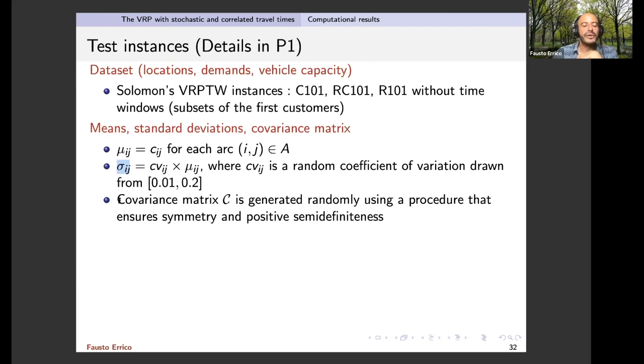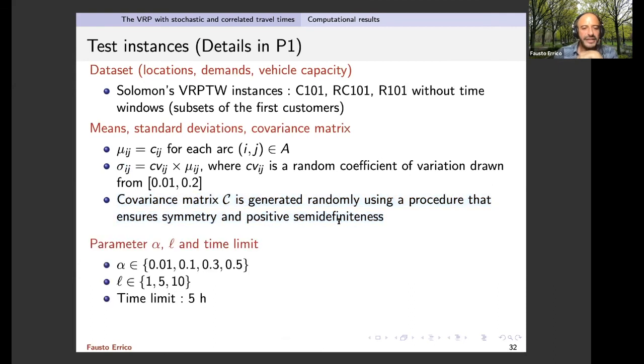I'm going to skip the details of how we generate the covariance matrices, but we need to ensure in the procedure that the matrix is symmetric and positive semi-definite.